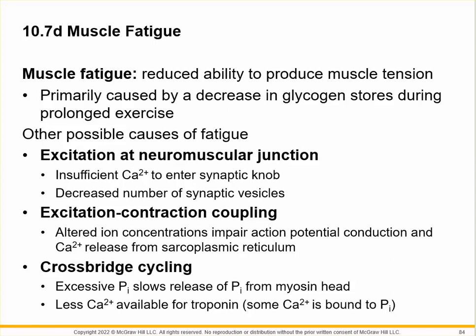Right. Another problem is if there's too much calcium released from the sarcoplasmic reticulum, it's in the sarcoplasm, and calcium is 2 plus. It's a strong cation. This alters the charge within the muscle fiber itself and makes the depolarization, the whole action potential, not work properly.